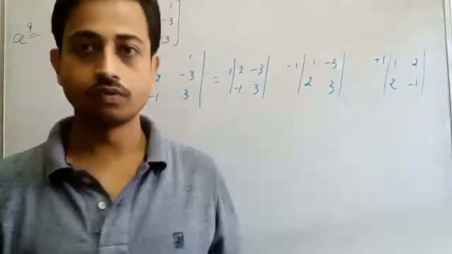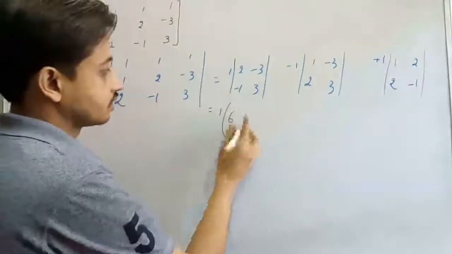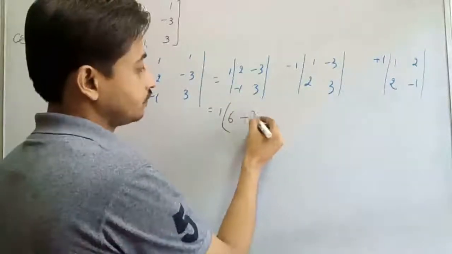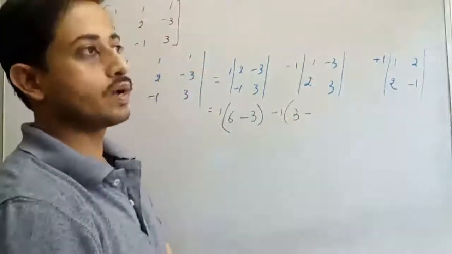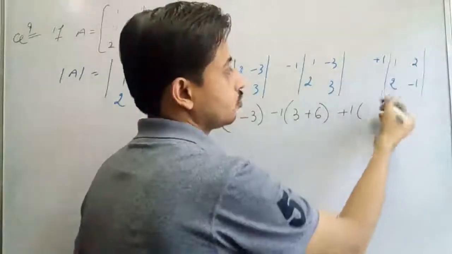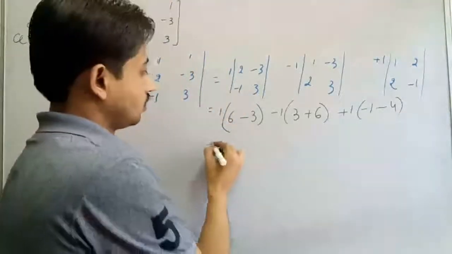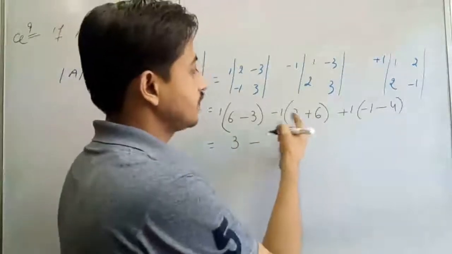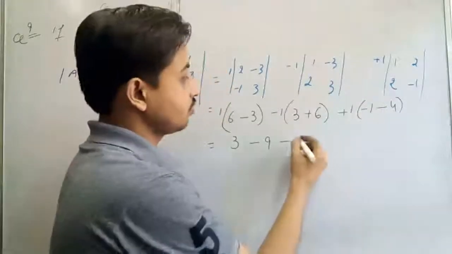Now to solve: 1 into 2 into 3 is 6, minus 1 into minus 3 is 3, so 6 plus 3 is 9, times 1 is 9. Then minus 1 into 1, minus 1, minus 2 into 2 is 4, giving minus 5, times 1 is minus 5.